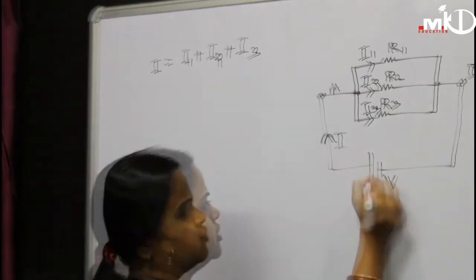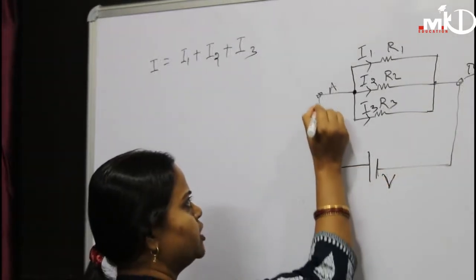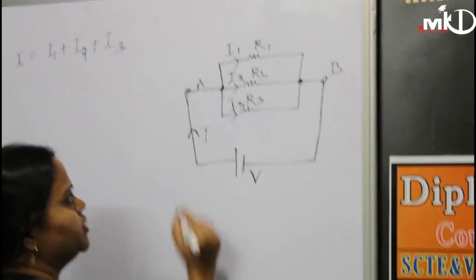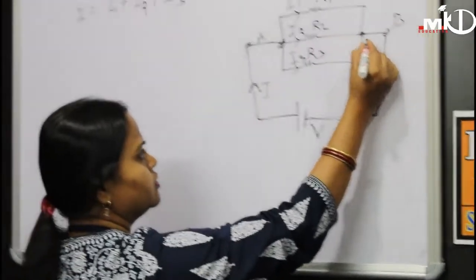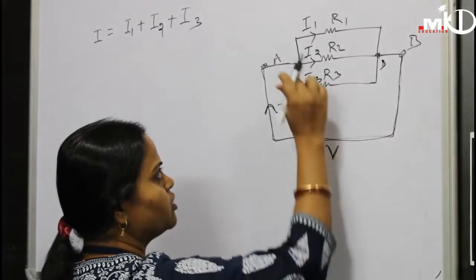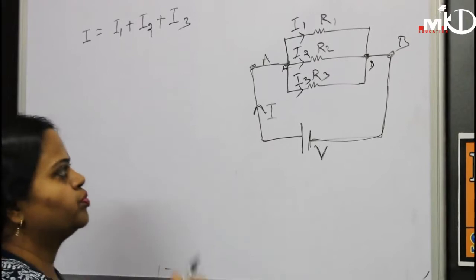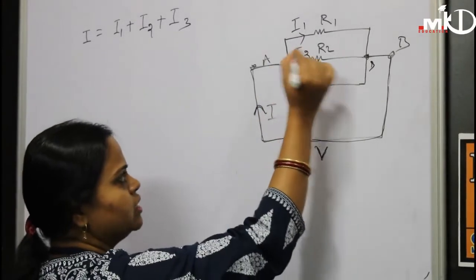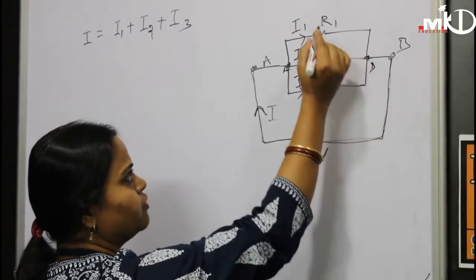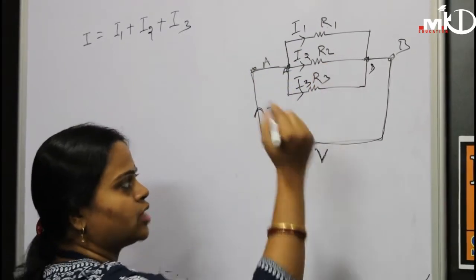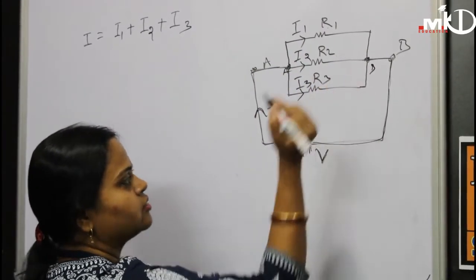If this point is A and this point is B, the voltage across points A and B is V volt. Between points A and B we have resistance R1, R2 and R3.